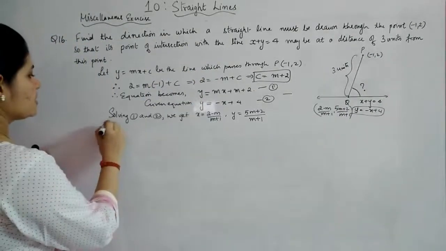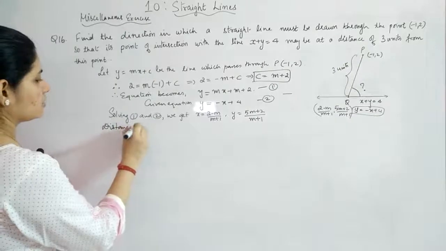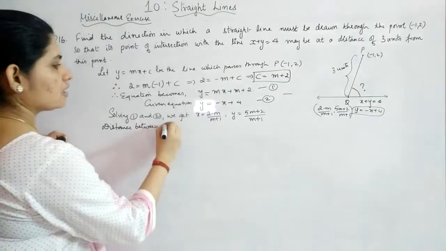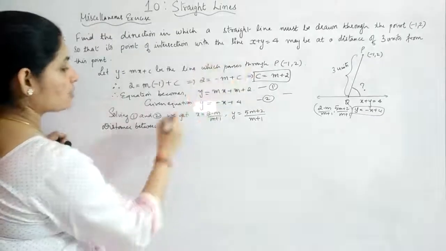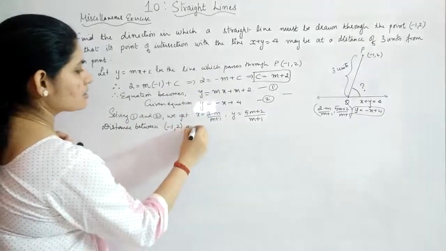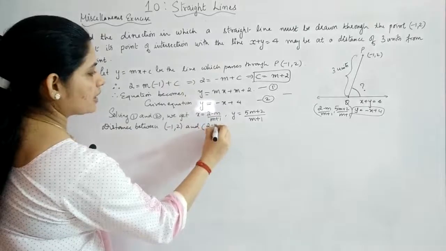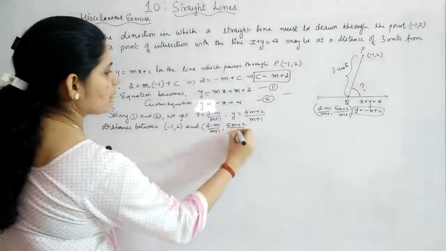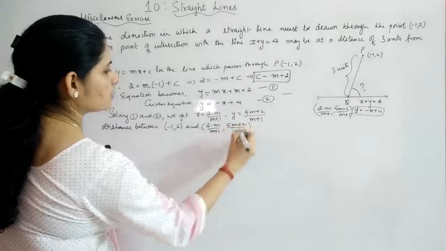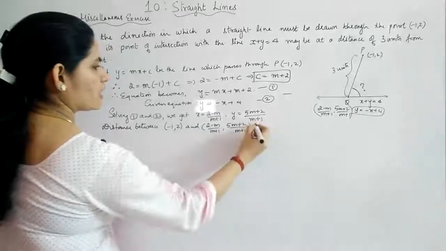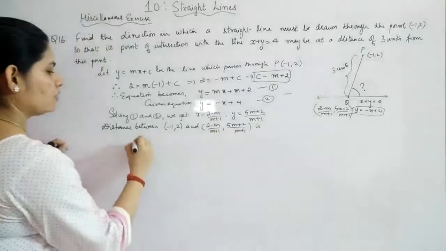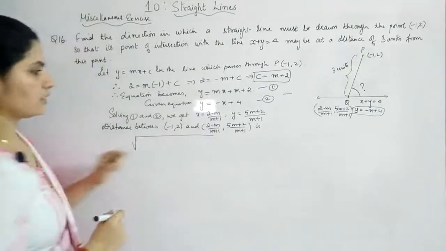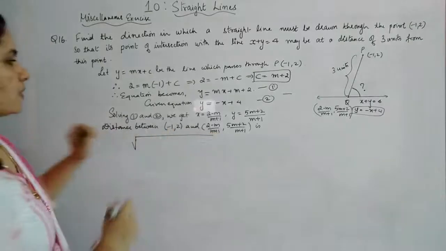Now the distance between the 2 points, that is, one point is given to be -1, 2 and the other point is (2 minus m)/(m plus 1), comma (5m plus 2)/(m plus 1), is given by root of (x2 minus x1) the whole square.